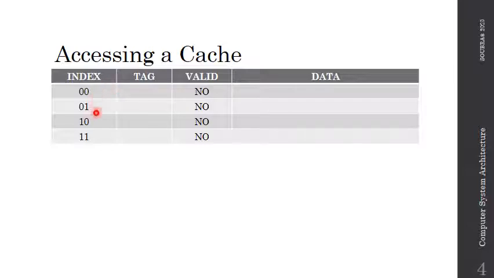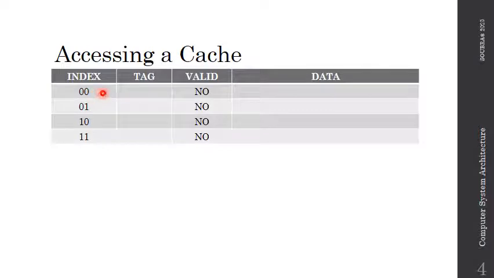So try to guess first off the size of the cache using just the information that we have here. Apparently a lot of your colleagues guessed it correctly: because we're using 2 bits here as an index, most probably the size of the cache is just 4 blocks, and it is true.